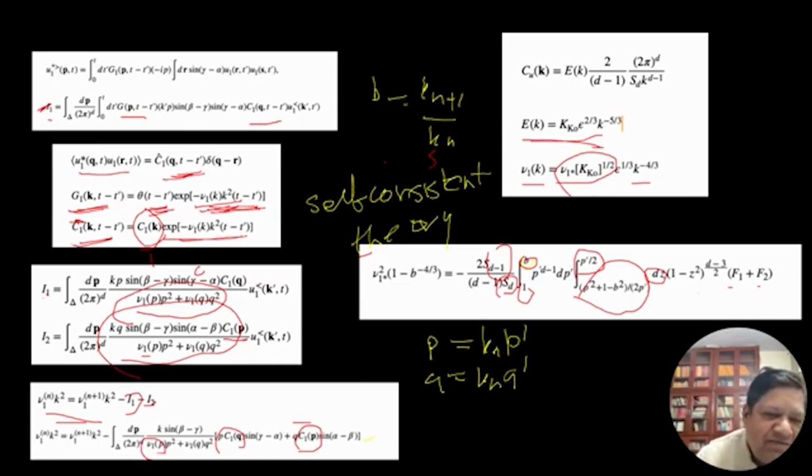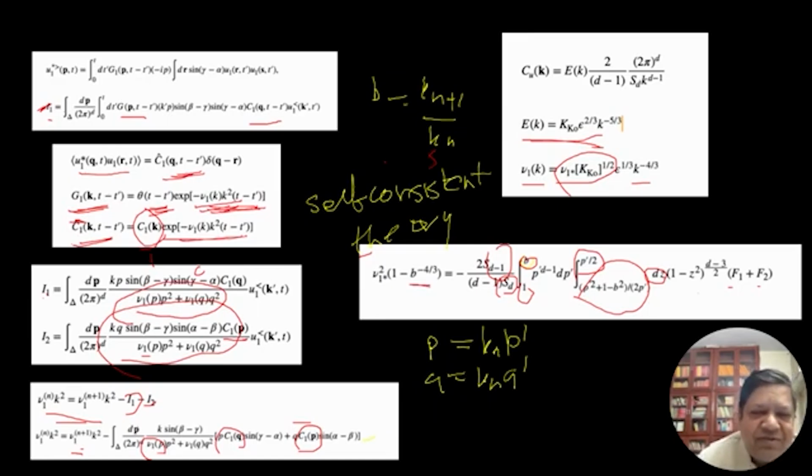Now remember, nu n plus 1 will be what? If I put kn plus 1 here, that will have a factor b, and nu n has k, so that will be kn. It turns out, if I do the algebra, there's an additional factor of b to the minus 4/3.